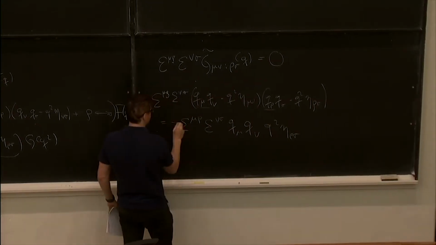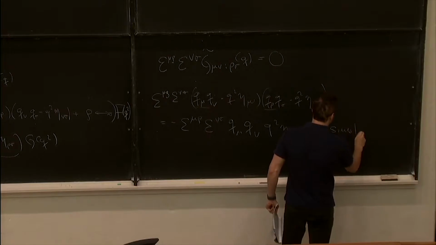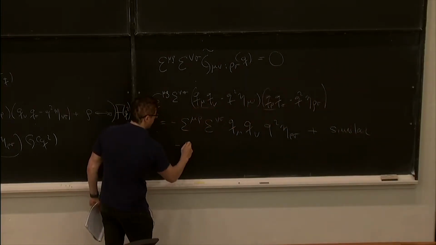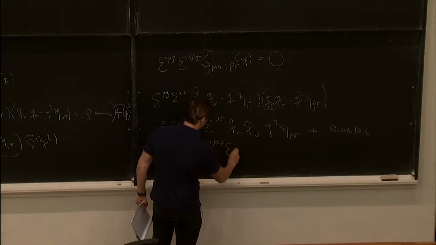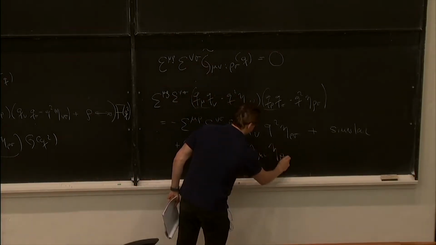That comes with a minus sign. Then there is a similar piece that would give the same contribution at the end. And then there is the piece that looks like plus q^4 ε_μρ ε_νσ η^μν η^ρσ.